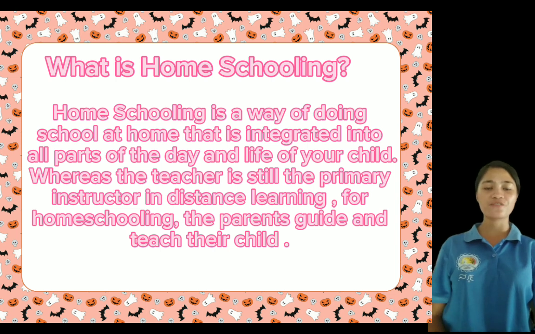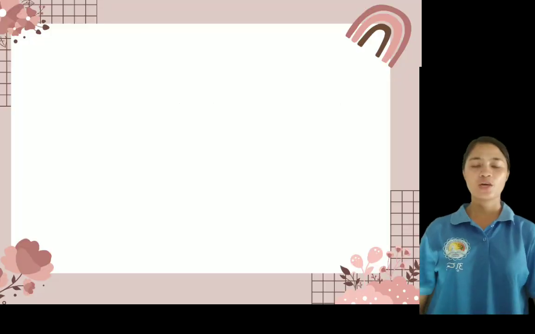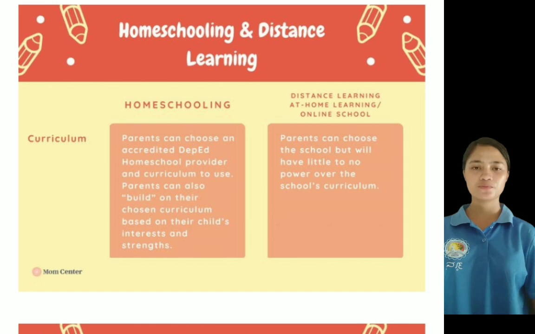For homeschooling, the parents guide and teach their child. Here are a few other differences between the two. In curriculum, for homeschooling, parents can choose an accredited DepEd homeschool provider and a curriculum to use.